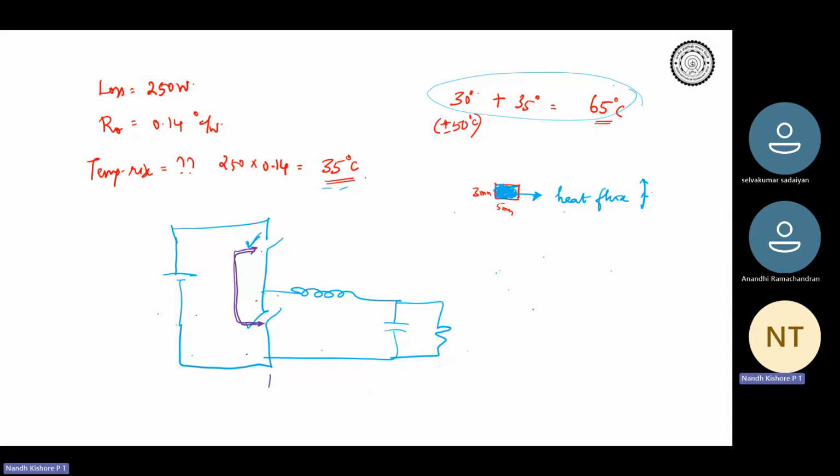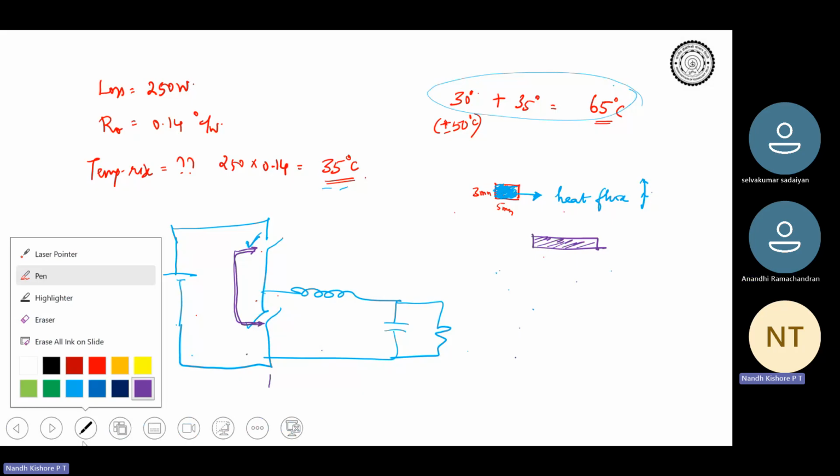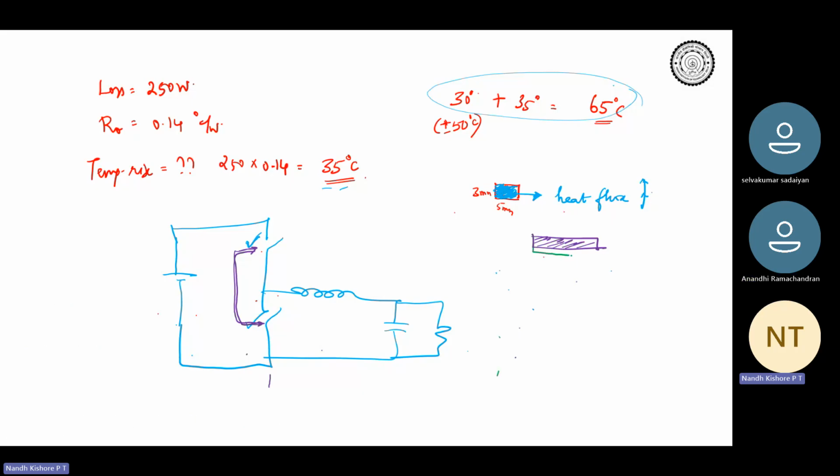So there will be the die first, and after this they will have a very small insulating layer. We call this the interface material, or thermal interface material.